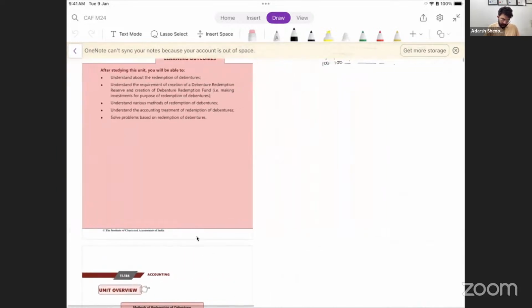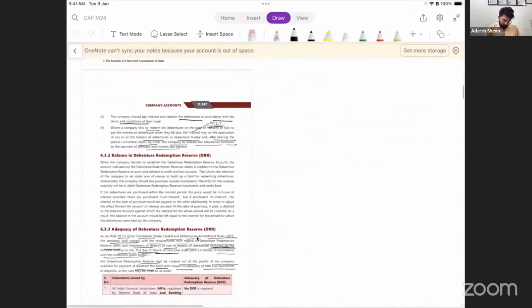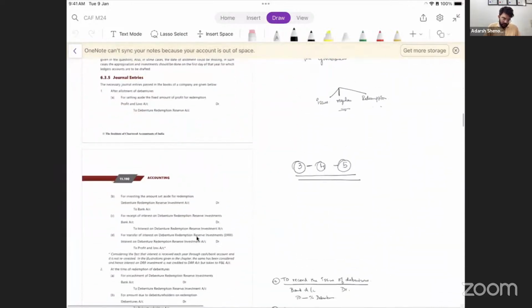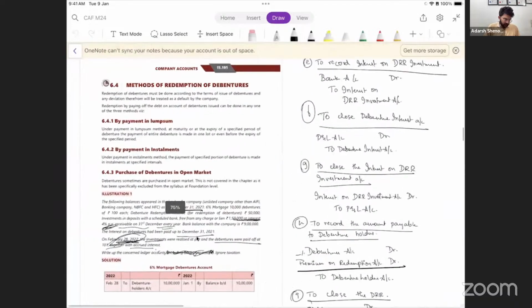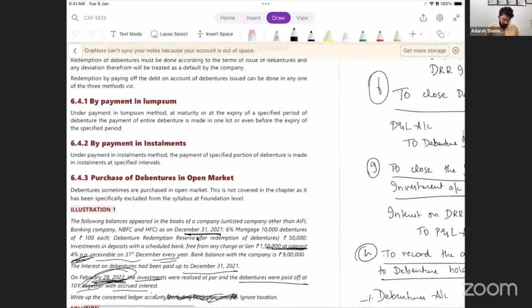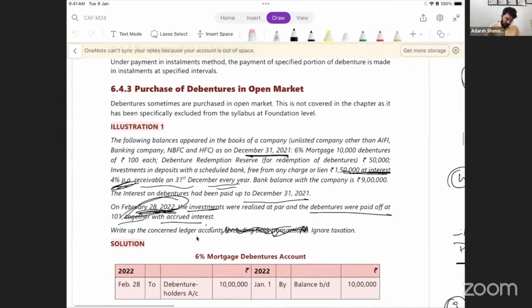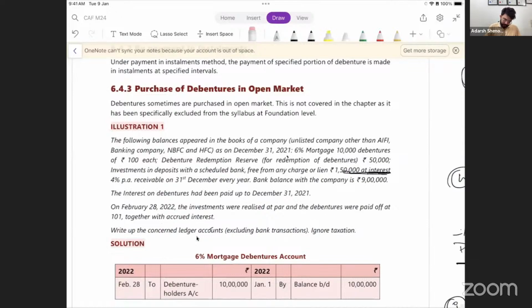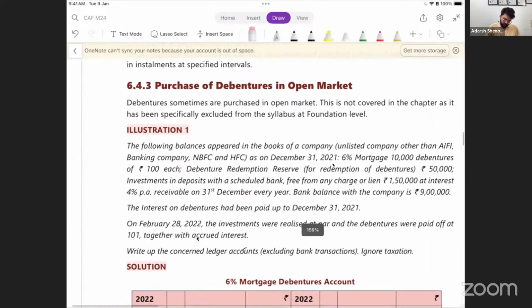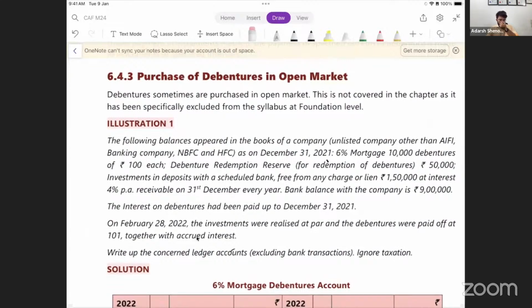Now let's do questions from the ICA textbook. In this, we have a lot of ledger related questions, okay? The following balances appeared in the books of a company, unlisted other than AIFI, banking company, NBFC, and HFC.